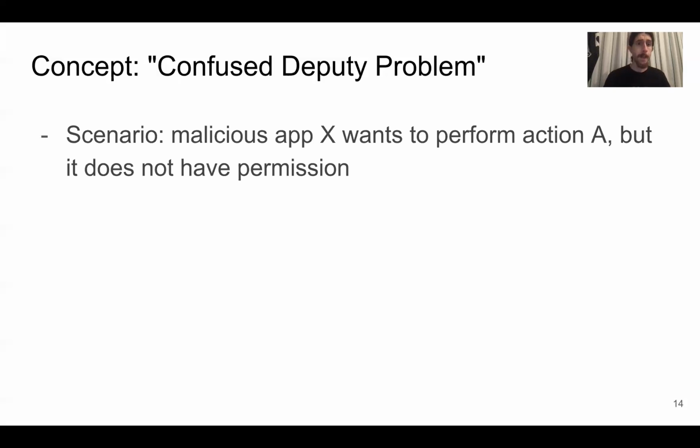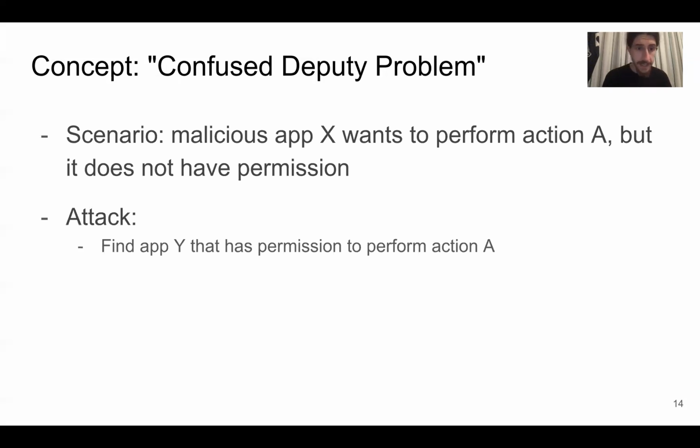So what is it? The confused deputy problem is the following. Imagine a scenario where you have a malicious app X that wants to perform action A, but it doesn't have the appropriate permission. So what you could do is find an application Y that has the permission to perform action A, and maybe there is a way to ask Y, please, could you perform action A on my behalf? And if you find an application Y like this, then you have the confused deputy problem.